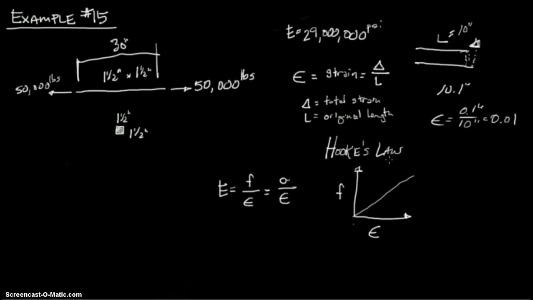So anyways, Hooke's law is the modulus of elasticity, or Young's modulus. I was just double checking that. Yes, Young's modulus. And just remember this is stress over strain. It's always going to be 29 million psi, or 29,000 ksi, for steel.